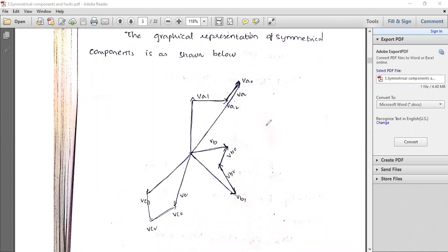So this is the overall phasor diagram of three unbalanced phasors VA, VB and VC, right?